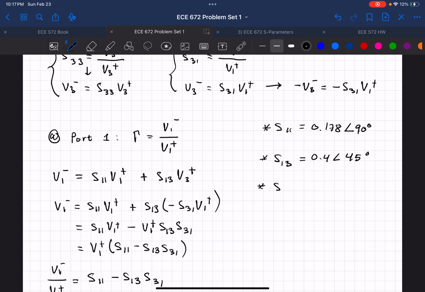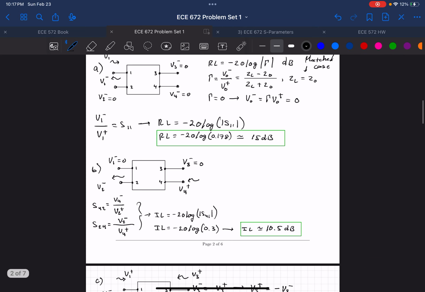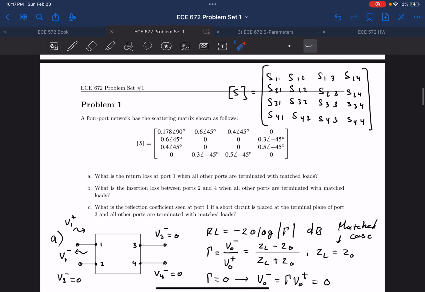And S31 is 0.4 at an angle of 45 degrees.